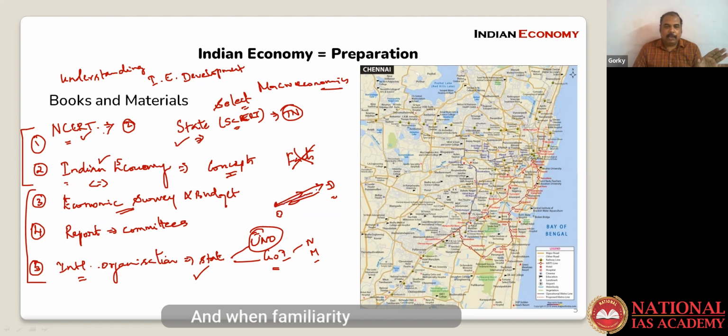And when familiarity increases, there may be different routes by which you can reach the destination, right? You would have followed one path, and then later, with some familiarity, you would have followed some other path wherever you can divert, in case of any breakdown of communication or any diversion.